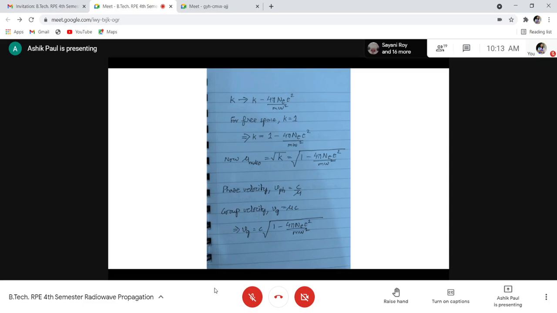This kind of a mathematical formulation is extremely necessary for radio engineers like you, because you cannot leave it to chance. Your company asks you to set up a radio communication link between, say, Kolkata and Boston. Then you cannot leave it to chance that let us transmit a signal and see if it gets reflected or not.